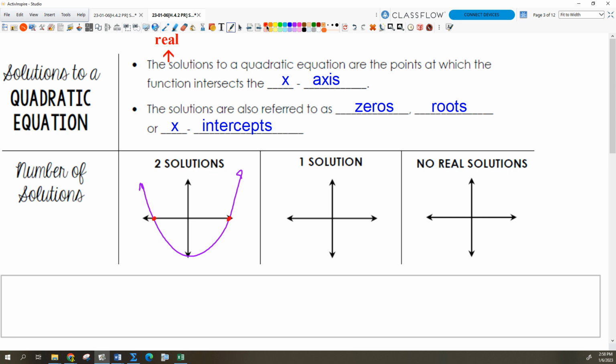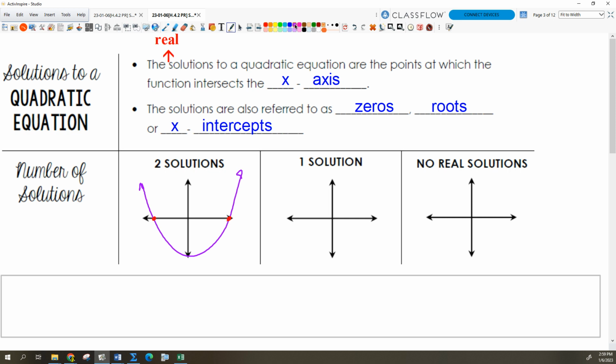Okay, what if I get only one solution? What's that going to look like? If it's a quadratic equation, so it's a parabola, how could I get only a single solution? What do you think? Yes, sir. Ah, okay. If it just only touches the x-axis once, the vertex is on the x-axis.